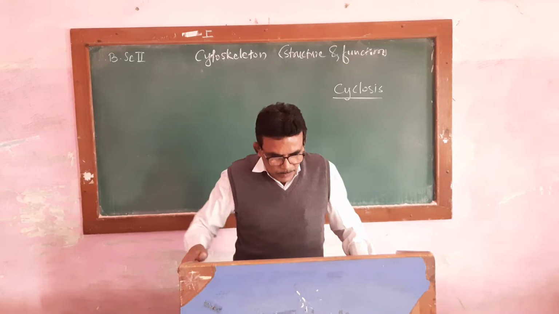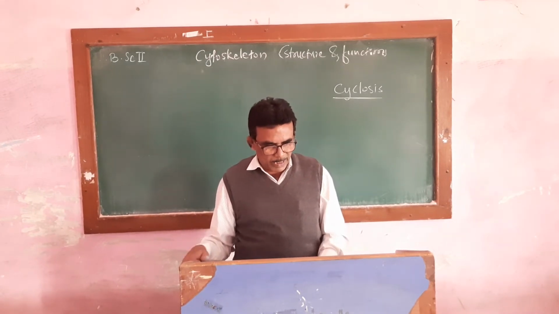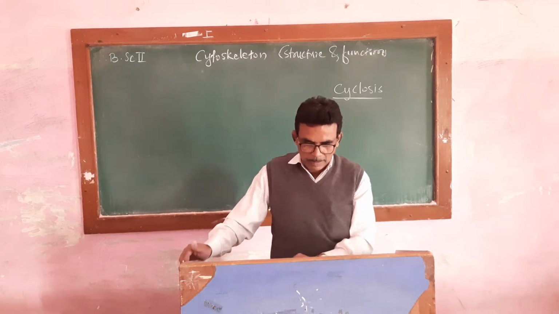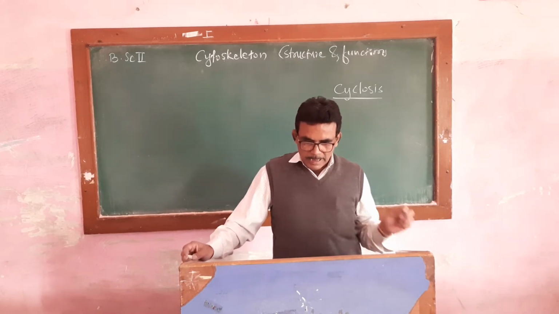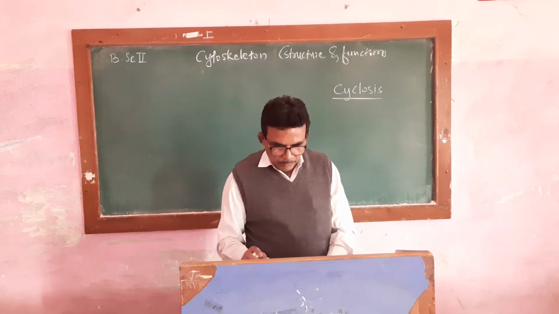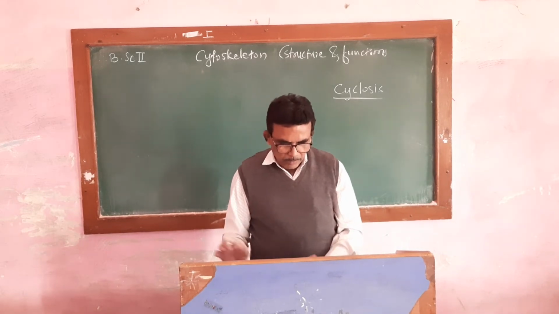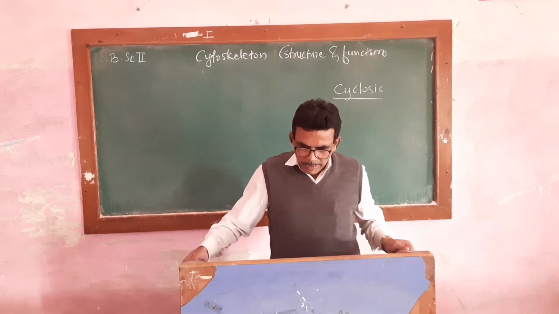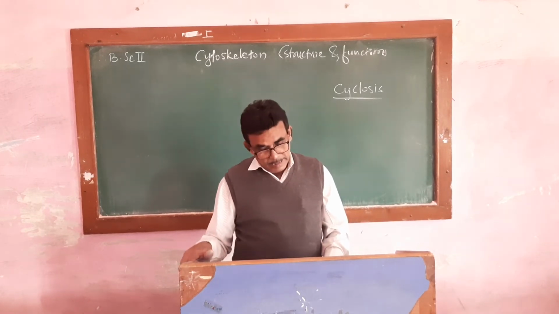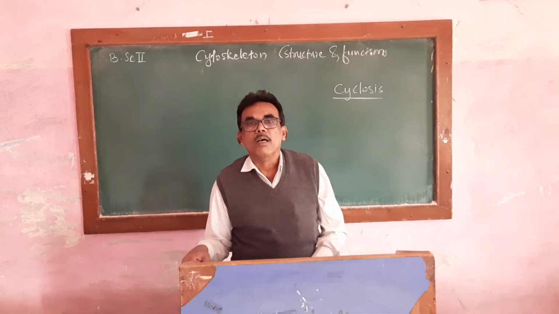The structure of the cytoskeleton is given below, that is microfilaments, microtubules and intermediate filaments. So by combination of these, the cell structure will be formed or the cytoskeleton of the cell will be developed.